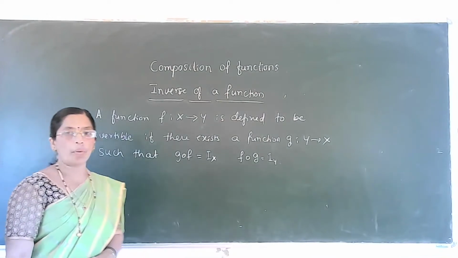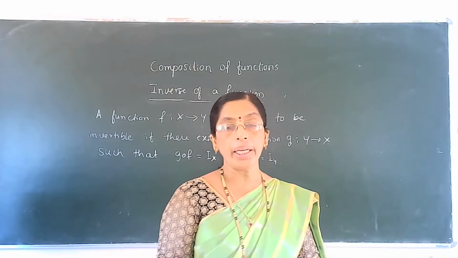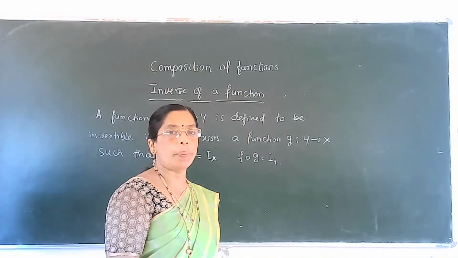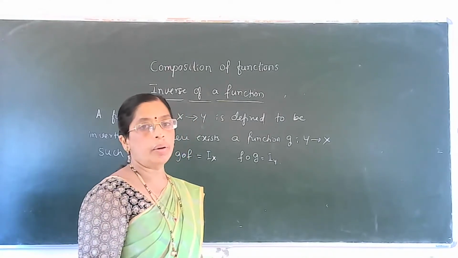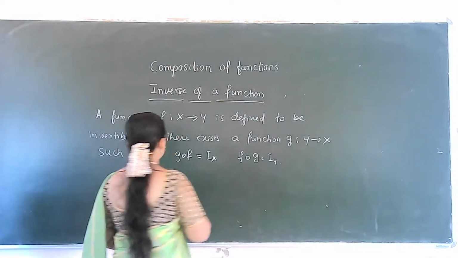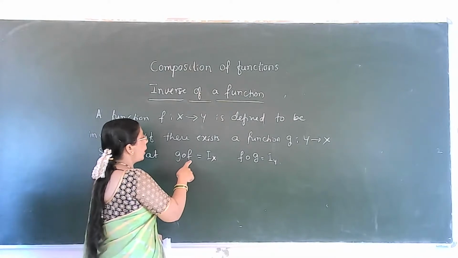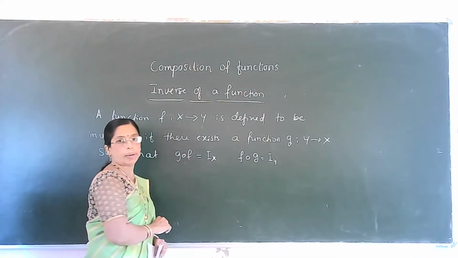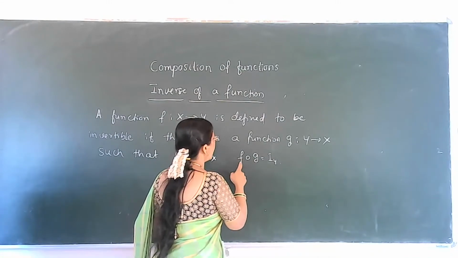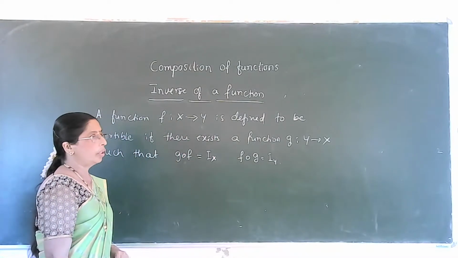A function f from x to y is defined to be an invertible function if there exists another function g from y to x, such that the composition g of f is equal to the identity function of x, and the composition f of g is equal to the identity function of y.